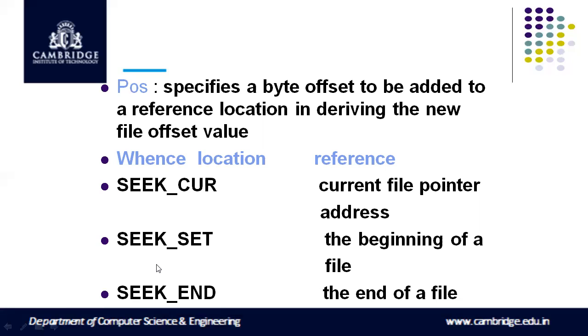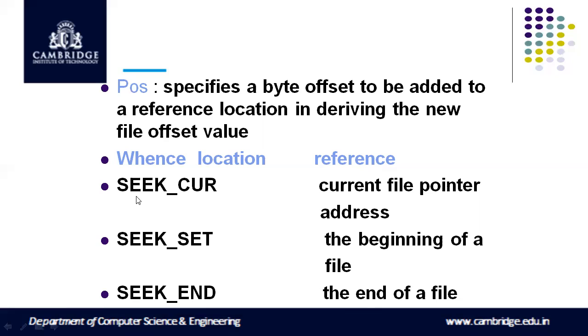The next one, seek end, refers to the end of the file, meaning your pointer will point at the end of the file. That is seek end. Okay, so these are the three values for whence.